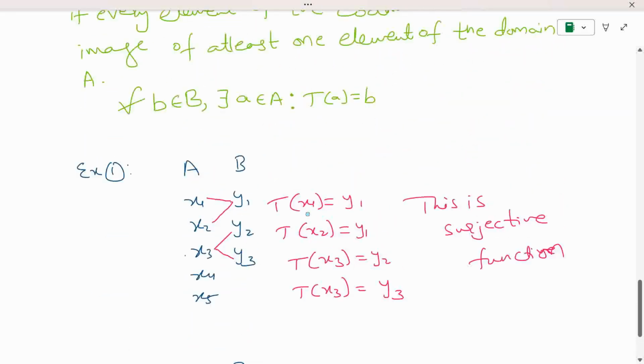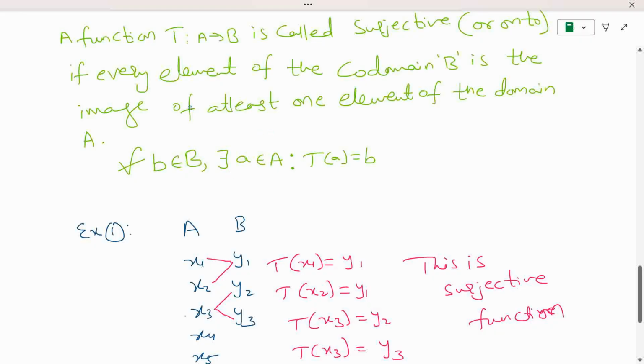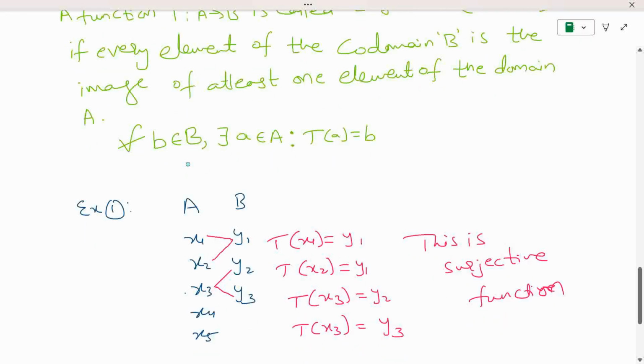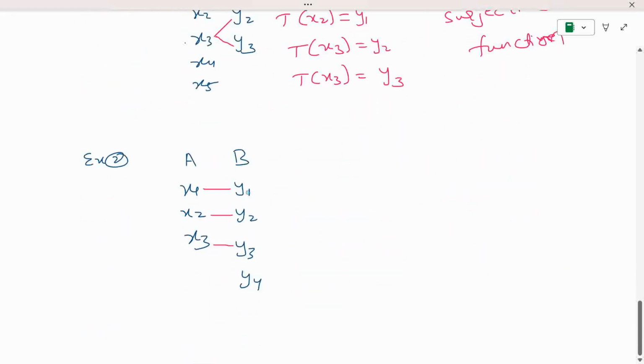So now you can see based on the definition, for every element b in set B, y1 is the image of x1, y2 is the image of x2, and y3 is the image of x3.